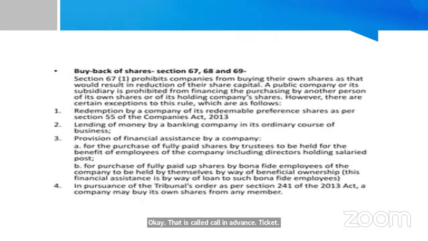So 50 is talking about this call in advance. Section 51 is saying the company is permitted to pay dividends in proportion to the amount paid on each share. That also is allowed.